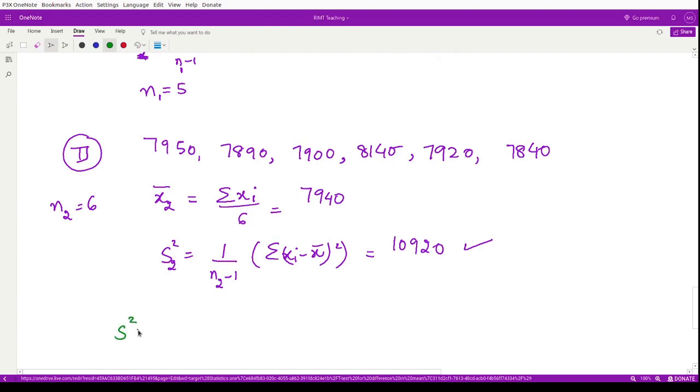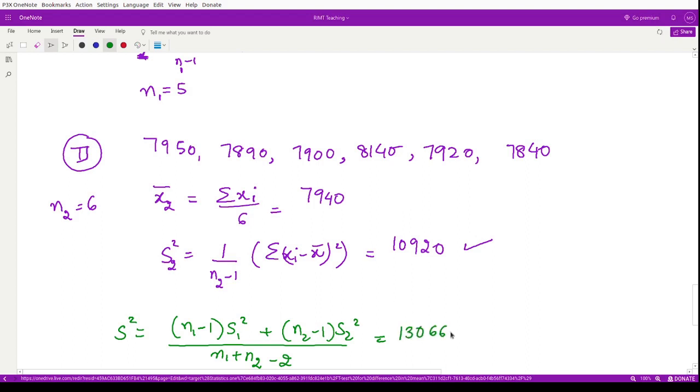You have the formula of S square, that is n1 minus 1 into S1 square plus n2 minus 1 into S2 square, divided by n1 plus n2 minus 2. So what is this quantity? When you compute this, it comes out to be 13066.7. You may check this.